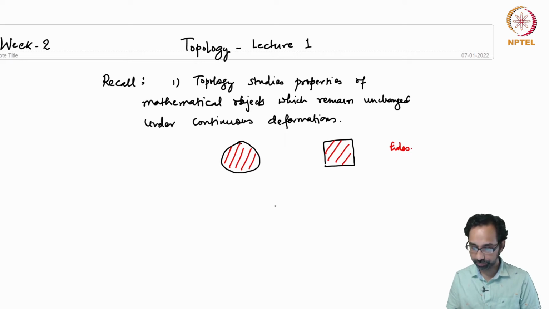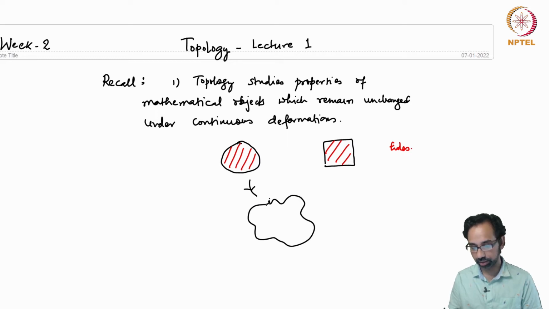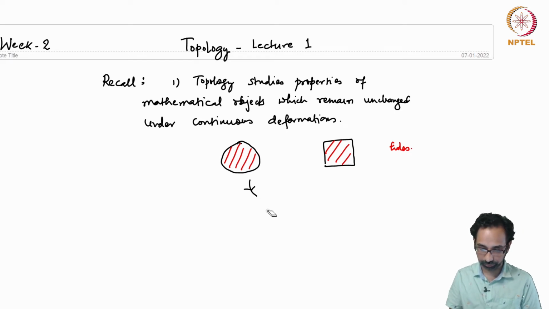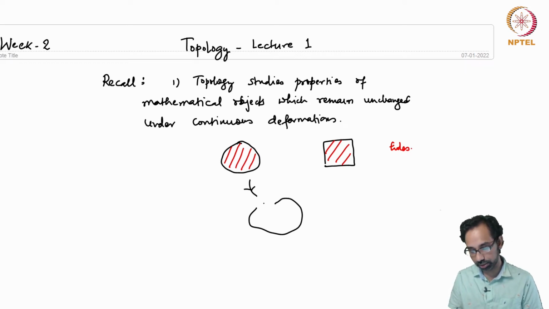So if you deform the circle to some other shape, something like this, continuous deformation means that you cannot break any part of this circle, so it cannot look like this, for example. It cannot look like something like this. So there should not be any gap. Okay, so this is not allowed.